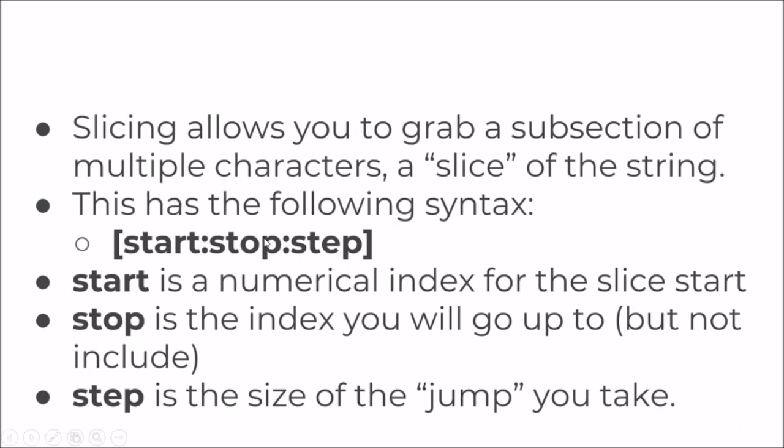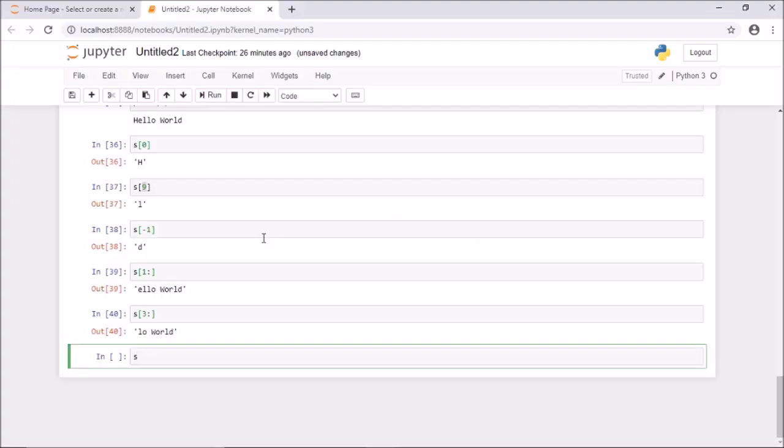So let me show that. Let me start with a variable. Let me start with the first element, and then go to the 11th element, with the step to be 2.